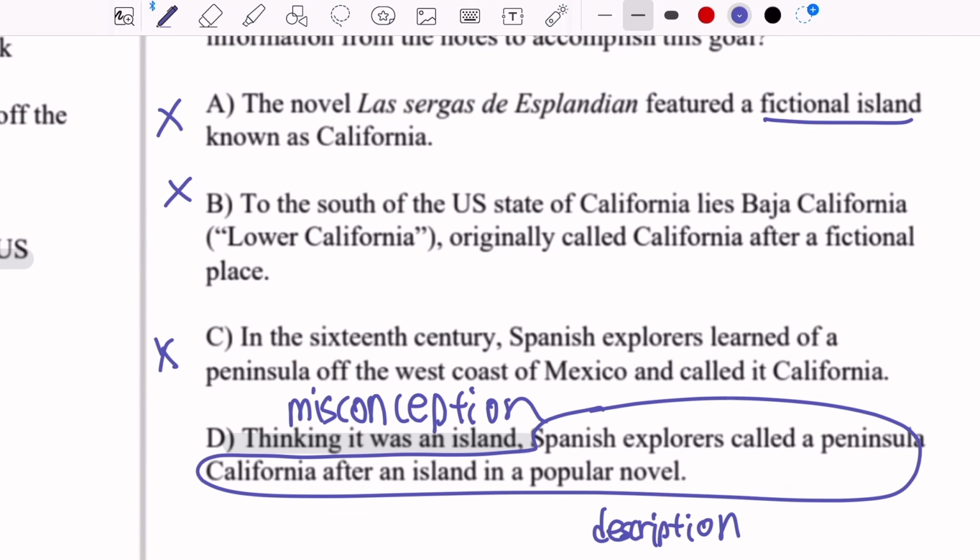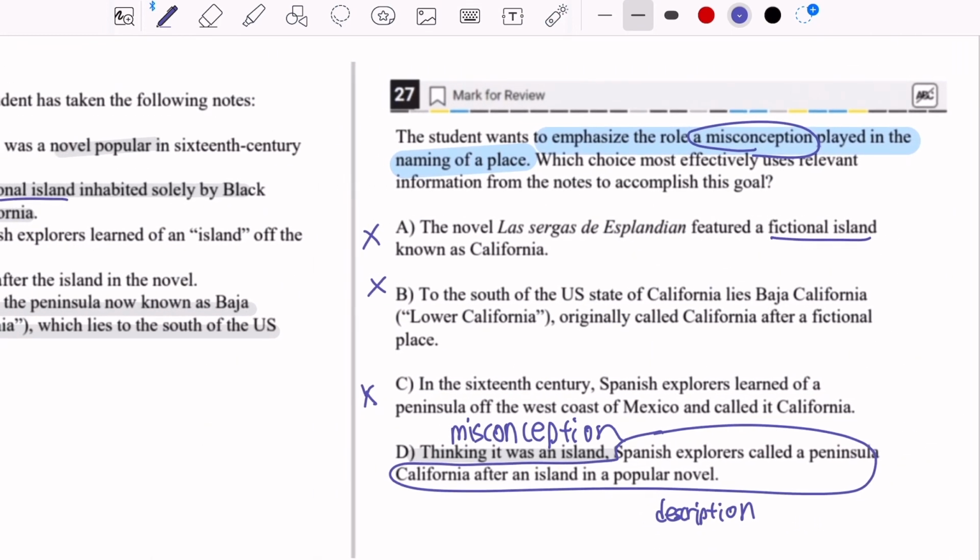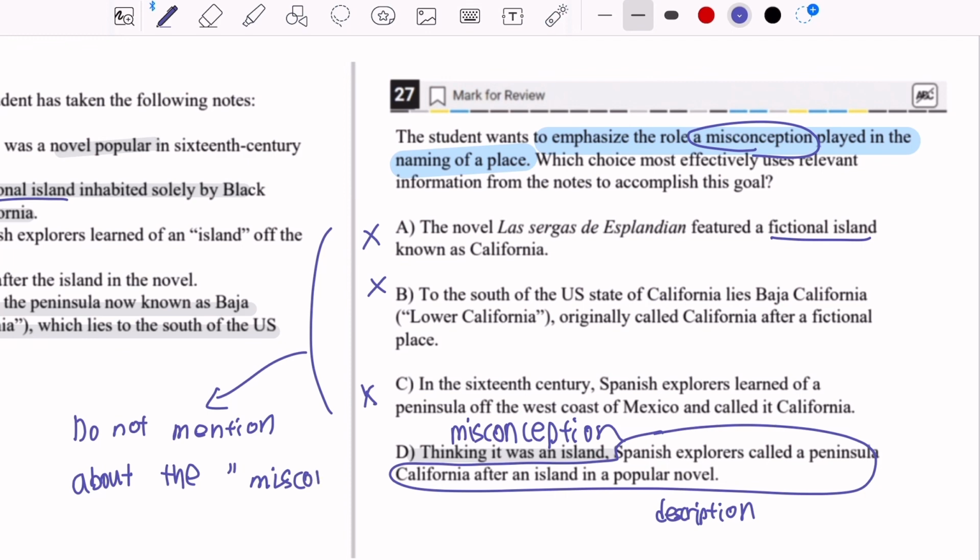So those are perfect for emphasizing the misconception. So A, B, and C cannot be the answer because they do not mention the misconception. So D is the answer.